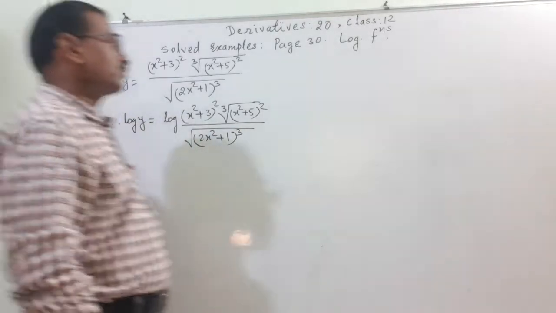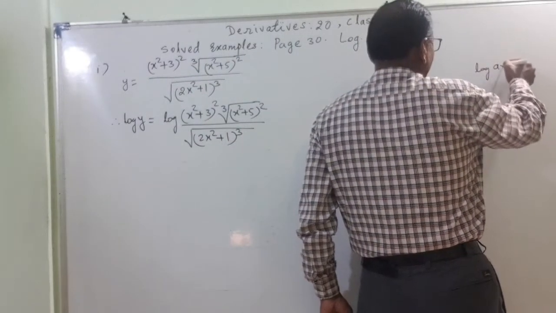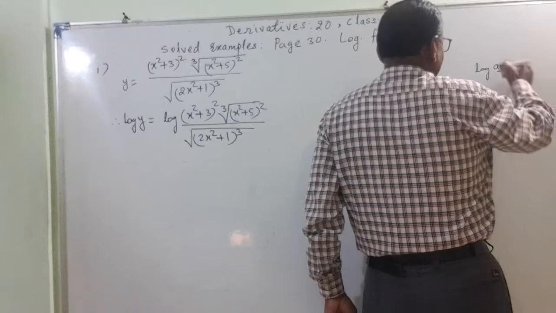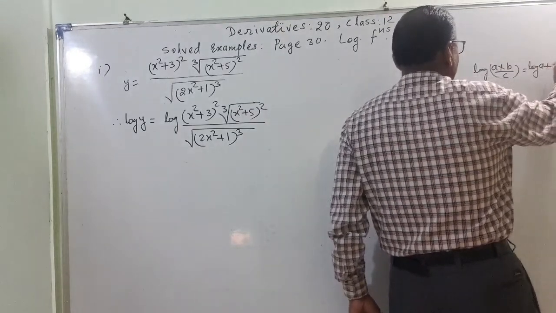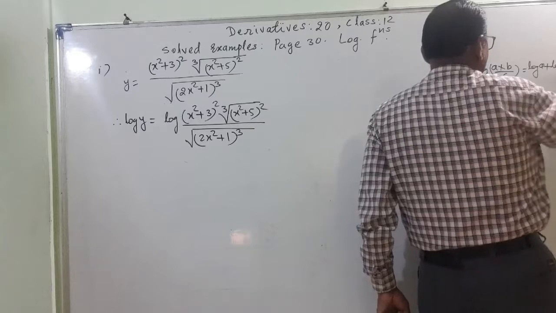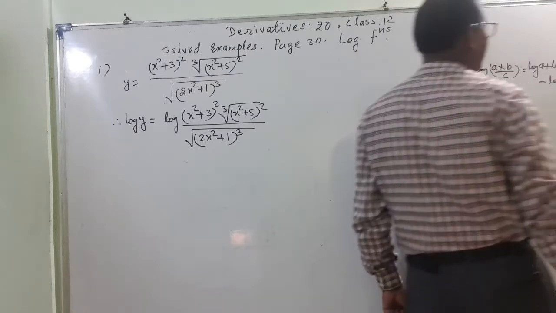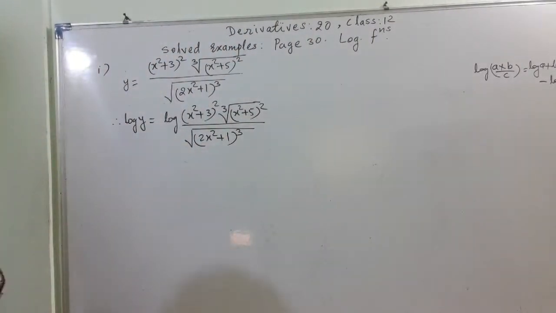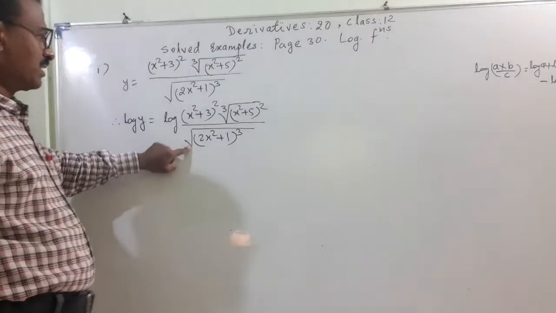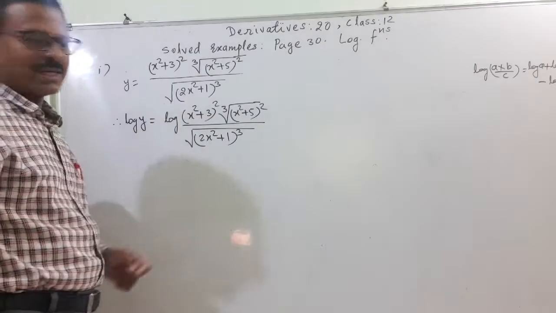So you know that log of a into b upon c is equal to log a, into means plus log b, and upon means minus log c. That we know. Upon means minus and into means plus. So this is upon, this will become minus. These two are into, this is a into b, this is upon c.